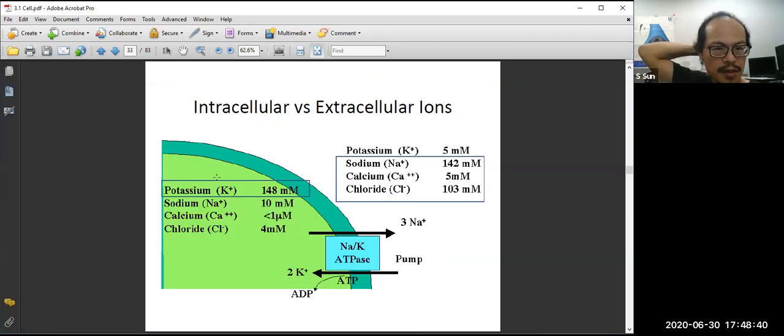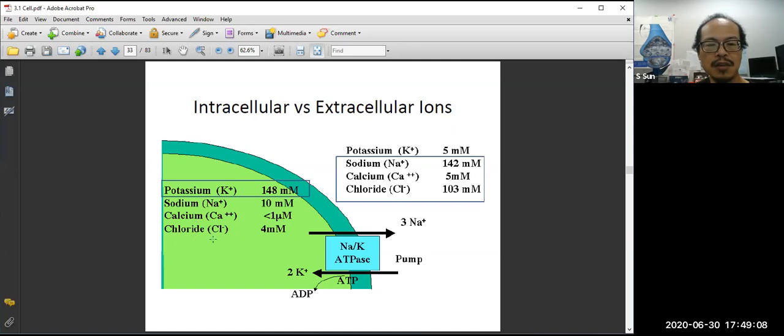So this leads to the intracellular and extracellular ion disparity. One thing you really need to know, although there are a lot, is that everything is more outside except potassium. Inside of the cell, only potassium is more. Potassium is more inside compared to outside.